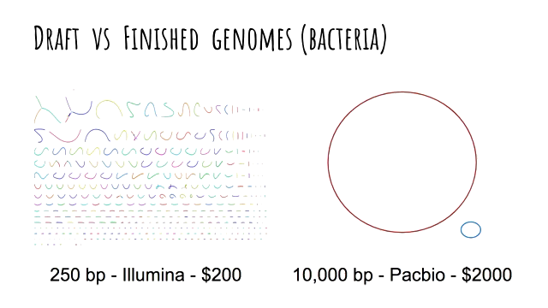So with 250 base pair Illumina reads for $200, we can get those list of contigs on the left. And with $2,000 on 10,000 base pair reads out of the PacBio machine, we can get a single chromosome and a plasmid, nicely circularised, for bacteria. However, if you've got to sequence 300 bacteria in a week, it's going to cost you a lot of money.